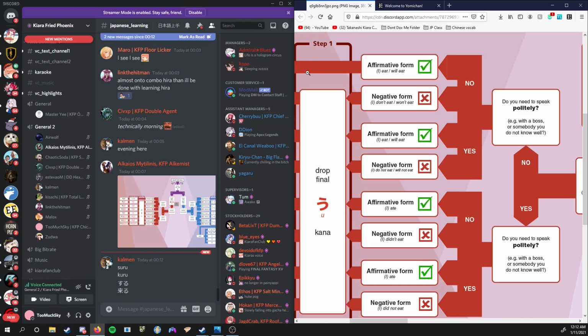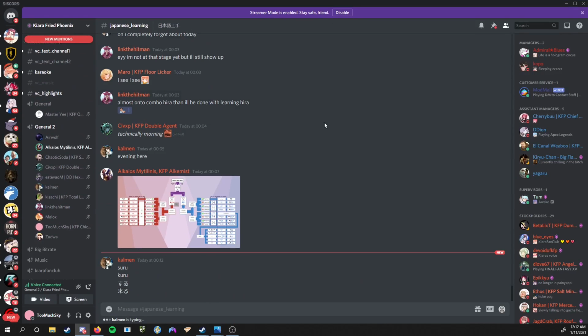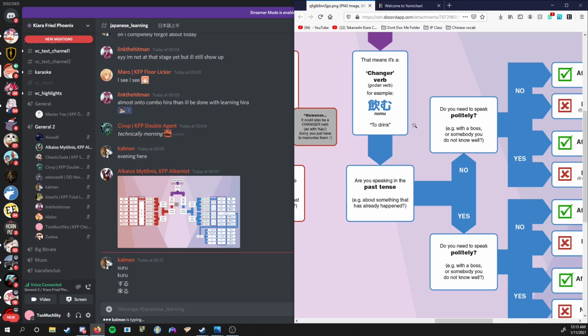The dictionary form, or the root form, is how you would look it up if you were to go to a dictionary. Now, it's also used as the plain affirmative present or non-past. The other one that you're going to want to know is the stem form before we start getting into how you can actually conjugate some of these damn things.